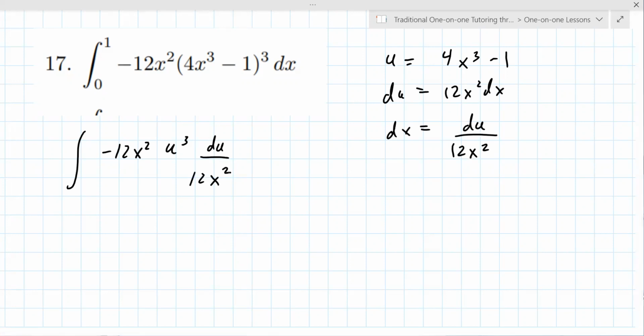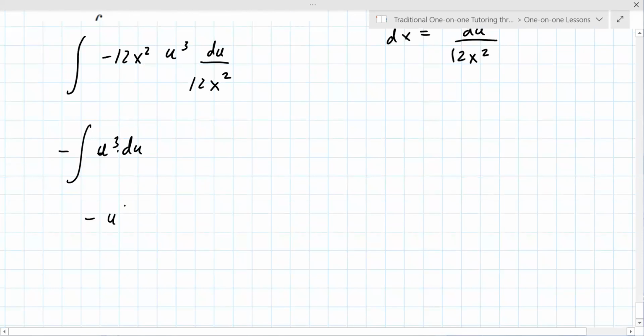The x squared terms cancel. So negative integral of u cubed du. And then you do your antiderivatives. So that's u to the 4th over 4.